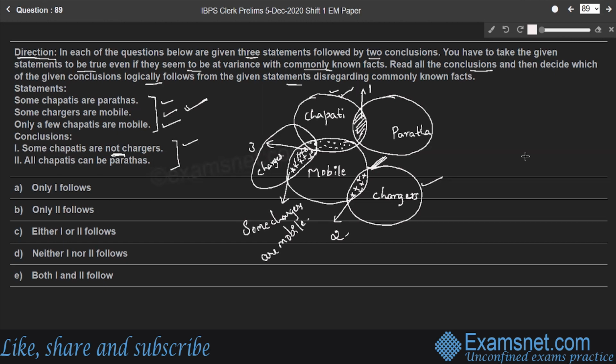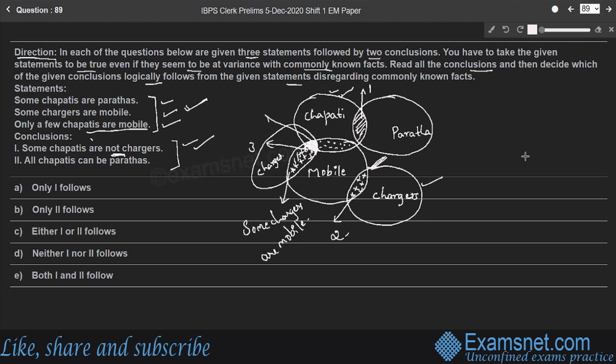But a few mobiles are chapatis, right? Because here, a few chapatis are mobile. So in the mobile portion, chapati portion and chargers portion, there is an intersection of all three sets here. Therefore, we cannot directly conclude some chapatis are not chargers.